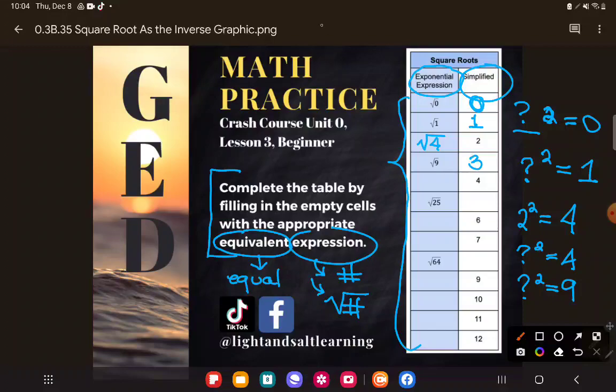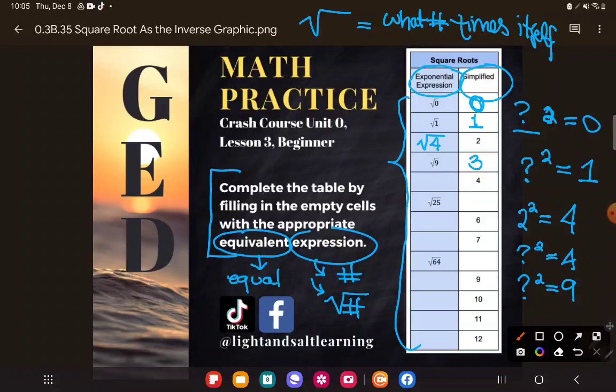Another way I'll read these square roots, if the what number squared language is confusing you, you can say what number times itself. And that sometimes helps students more, since square is such a new concept. But we've been timesing or multiplying for a long time. So what number times itself is 9? Of course, it's 3.